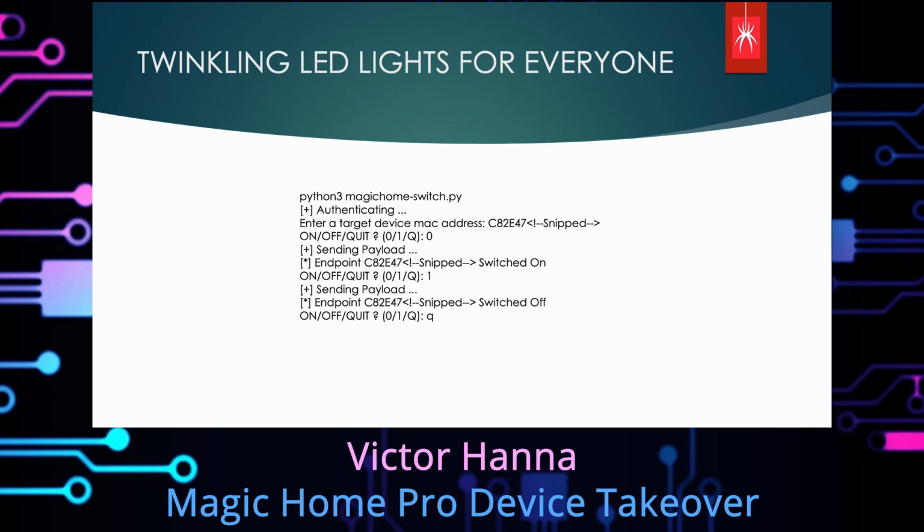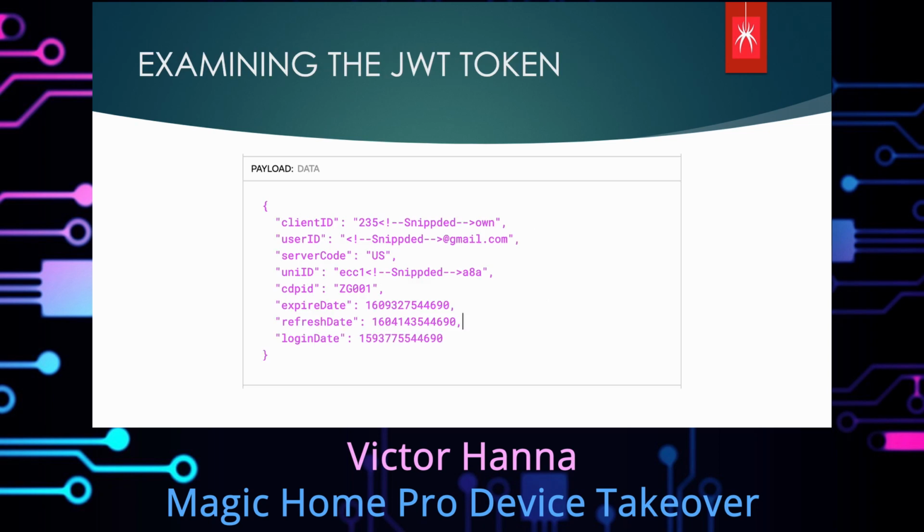Okay, so what we know up until now is that we can control the end device outside the mobile application. So what else can we actually do? Now, given the fact that we seem to be dealing with weak authorization, I turned my attention back to the JWT, the JSON Web Token, and looked into its structure within the payload data section of the token itself.